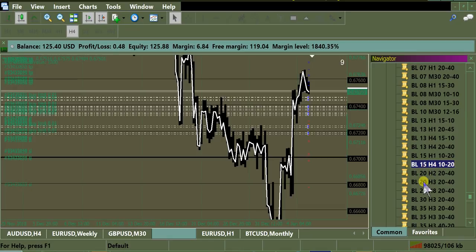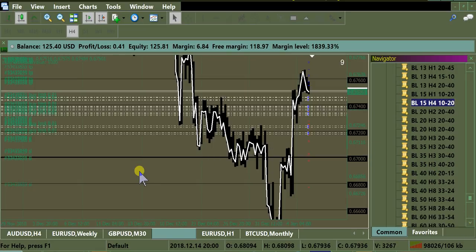So I'm going to actually have every pip on the tablet. What I've noticed when I'm testing that giant swing trading bot is that if you're getting in 80 pips deep next week, which is what that system does, how about if we get in 8 pips deep in the next 15 minutes?